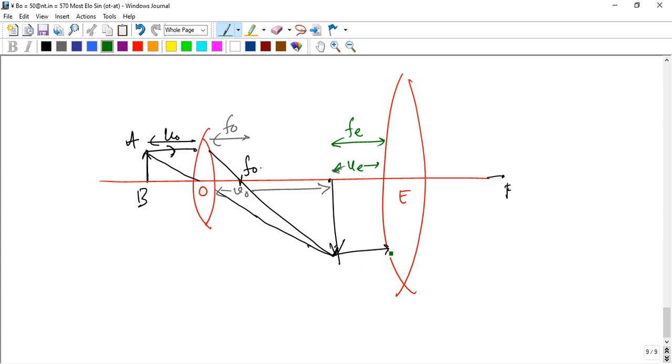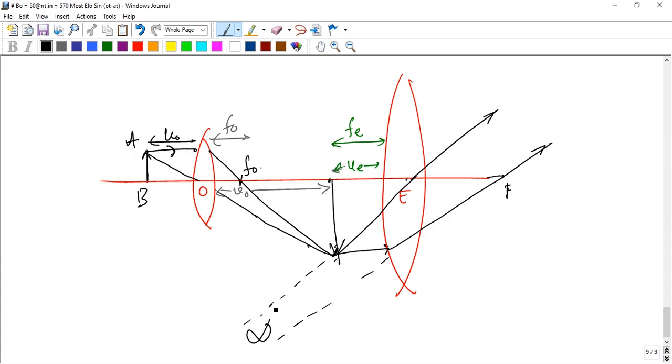Now this ray passing through the focus, and this parallel line, meet at infinity. Parallel. There is an eyepiece.